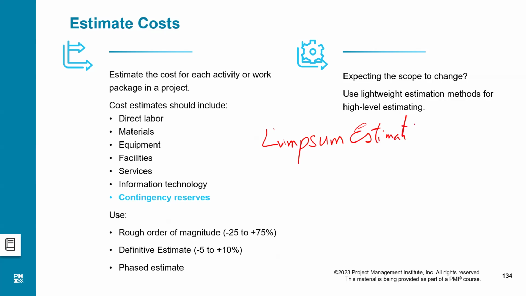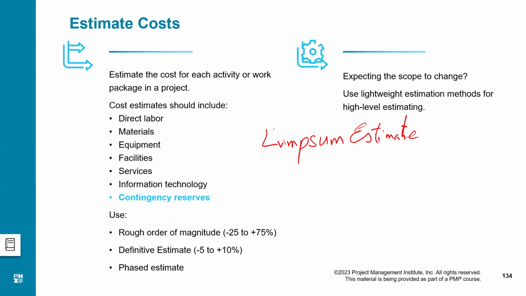Now, this is that kind of estimate which could happen when you have no idea what the project is. Just the idea of this project has come to the mind of the CEO of the organization, and he calls one of his consultants or one of his friends who had experience in this kind of job, and asks them, what do you think?